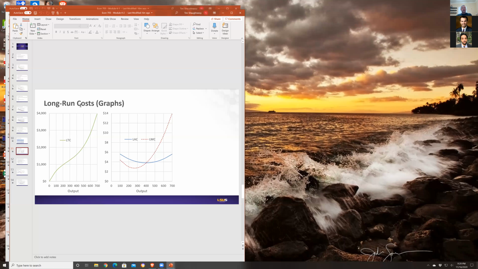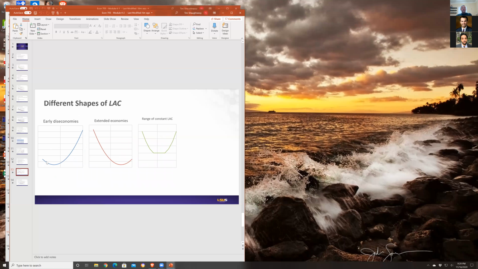So the number of buildings you have, these longer-run capital projects, the number of plants that you operate, and so we try to set those things in a way that will allow us to reach this minimum point on the long-run average cost curve. But as I said, different industries have different points where that minimum is met.